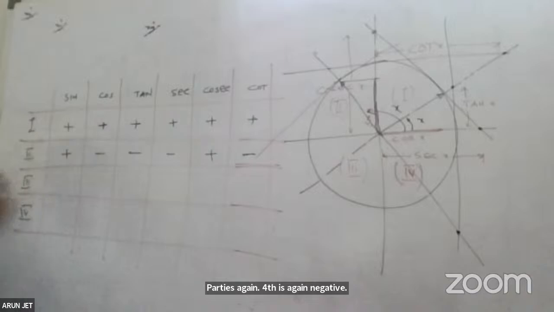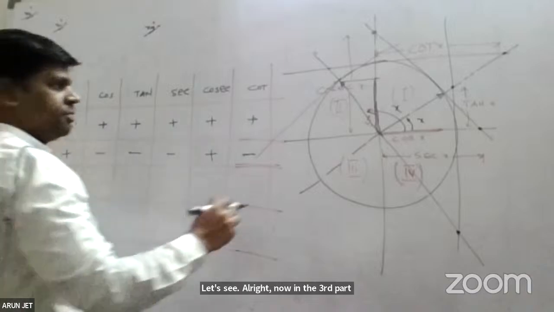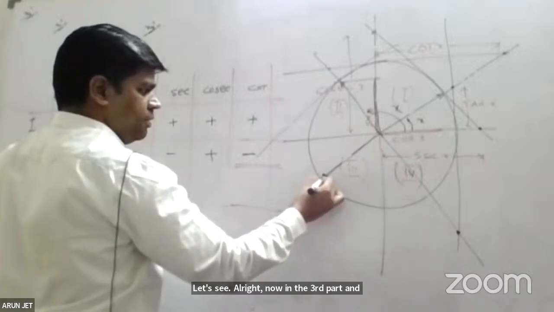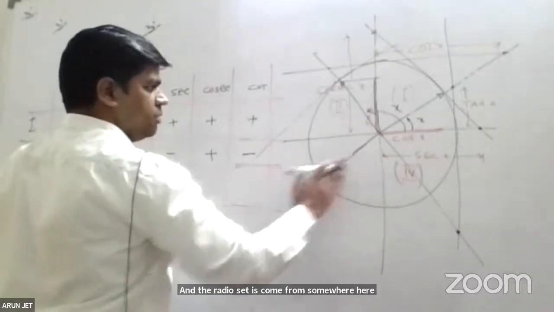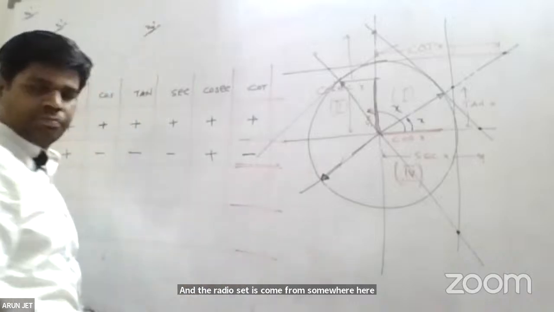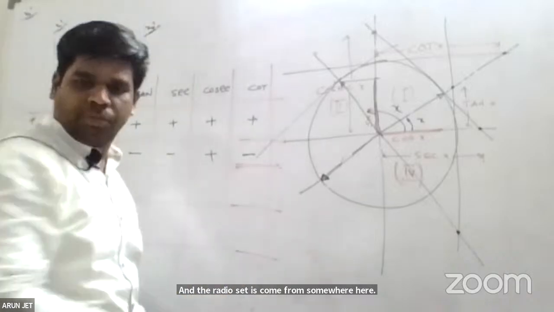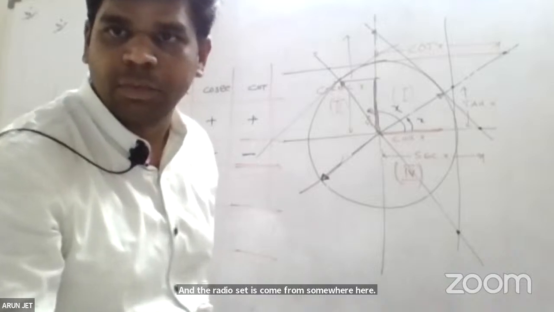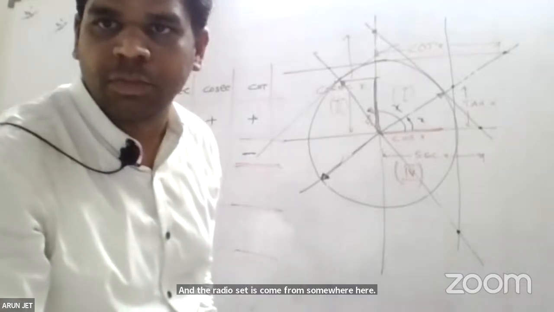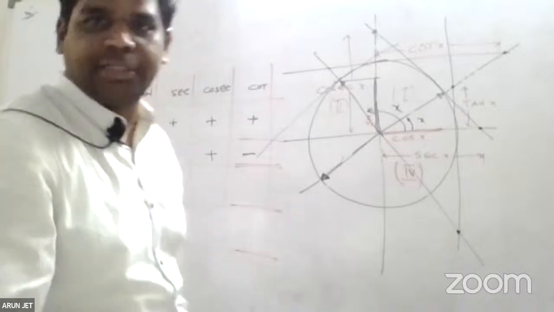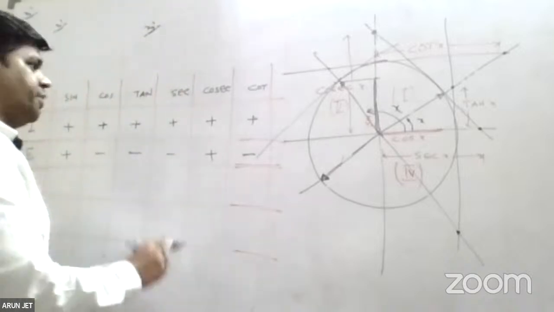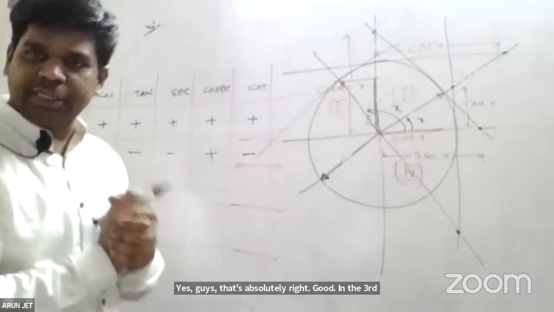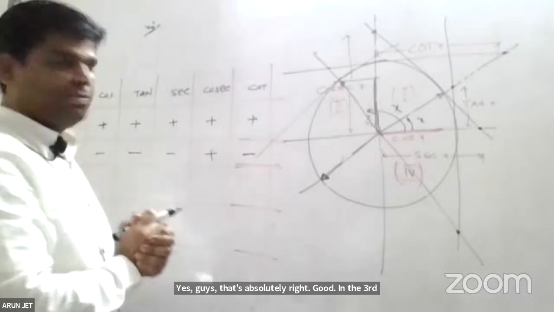All right. Now in the third quadrant, when the radius vector comes somewhere here, yes, Gayatri, that's absolutely right. Good. In the third quadrant, think and tell me.